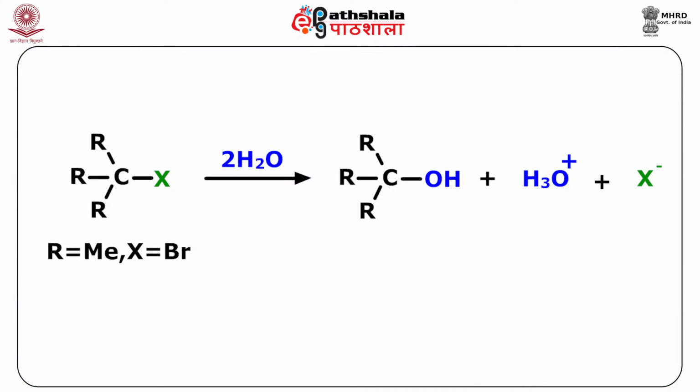The SN1 reaction is initiated by the dissociation of the leaving group and the formation of the carbocation intermediate in the first step. After formation of the carbocation intermediate, the nucleophile takes part in the second step. Increasing or decreasing the concentration of nucleophile has no measurable effect on the rate of SN1 reaction.